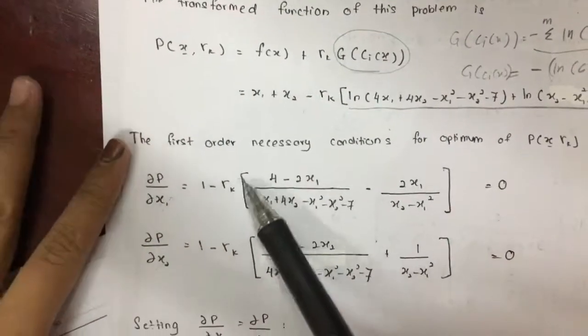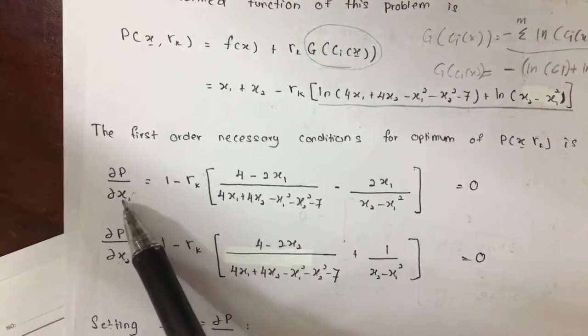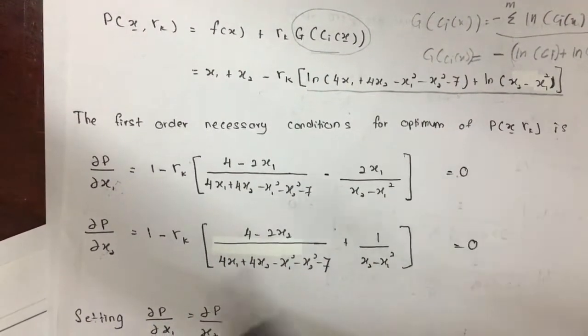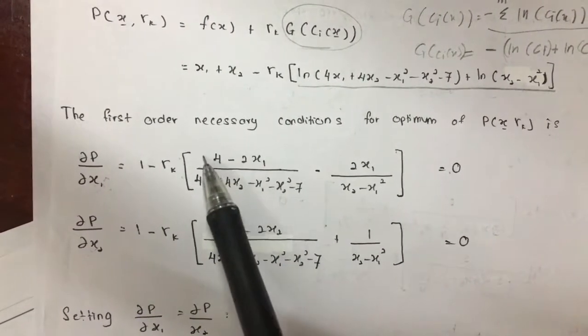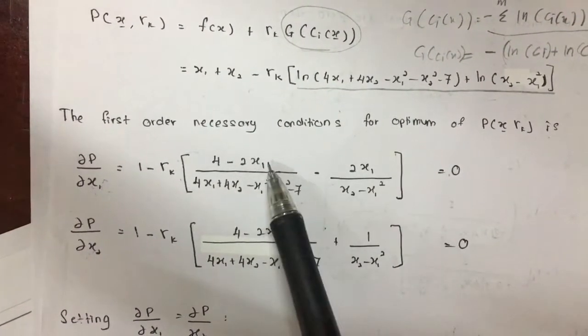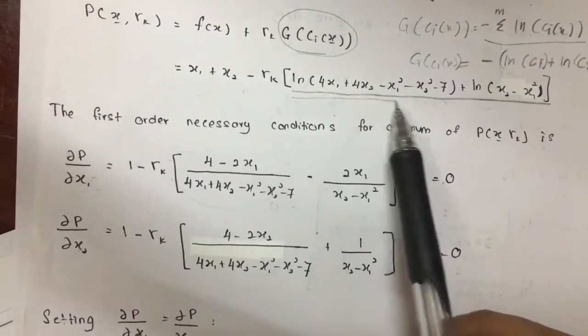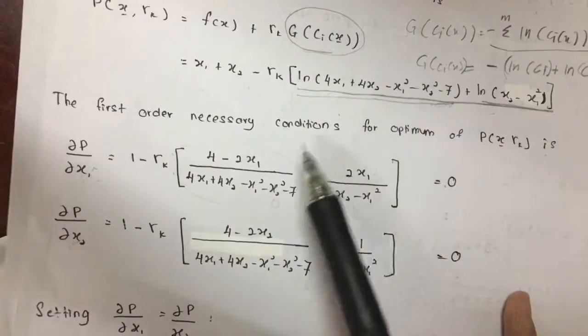So we have to use partial differentiation with respect to x1 equals 0. So we get 1 minus rk times the differentiation of this one, and here the differentiation of this one.